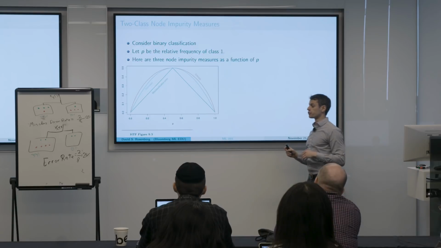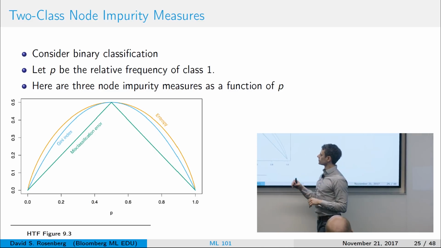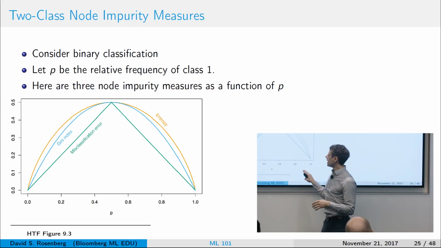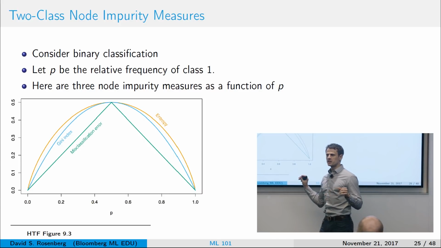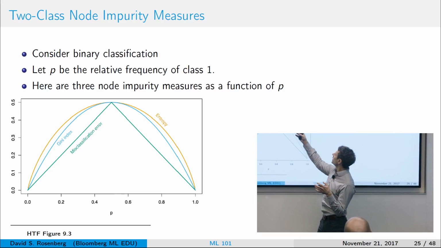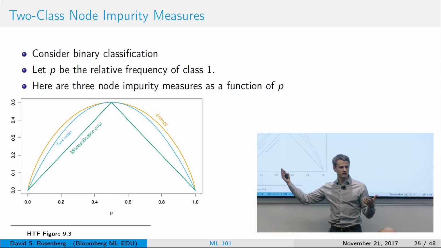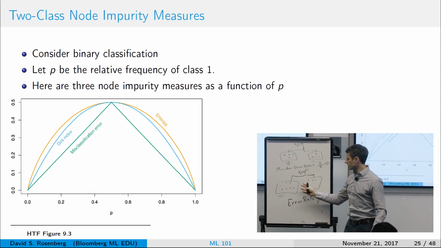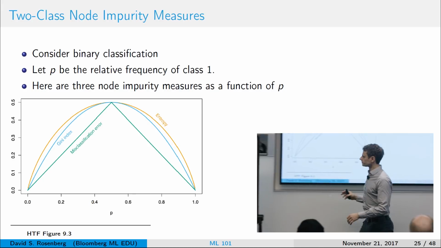So here's an illustration of 3 of these node impurity measures. We're in the 2-class case, just for easy illustration. And we're fixating on a particular node that has a relative frequency of class 1 of p. So in this case, it'd be 25%. Here it'd be 100%, or 0%.